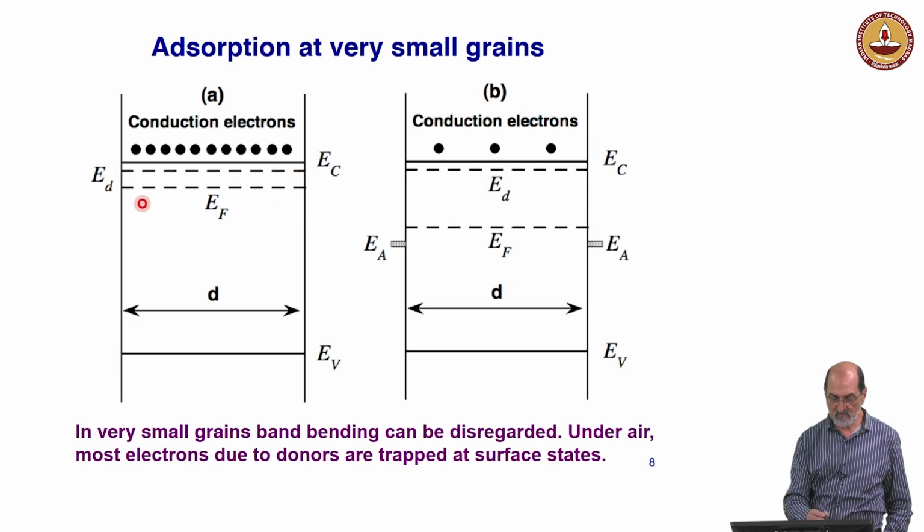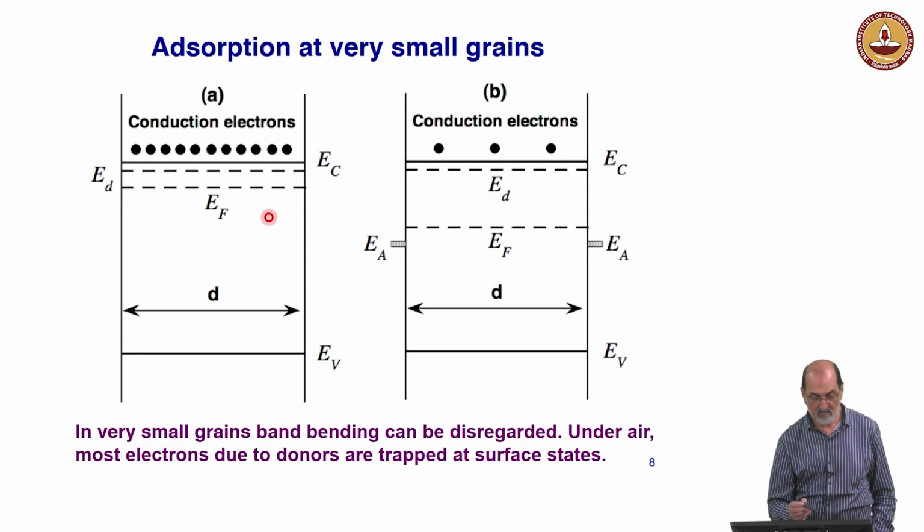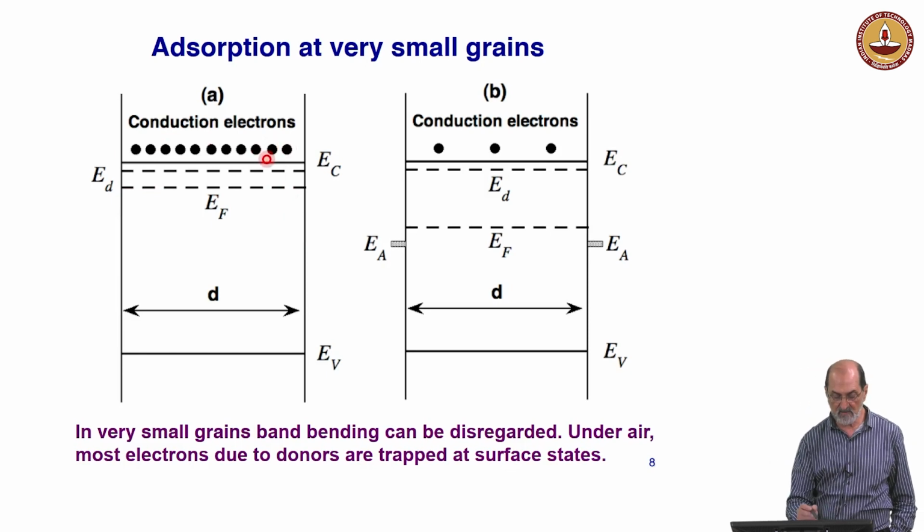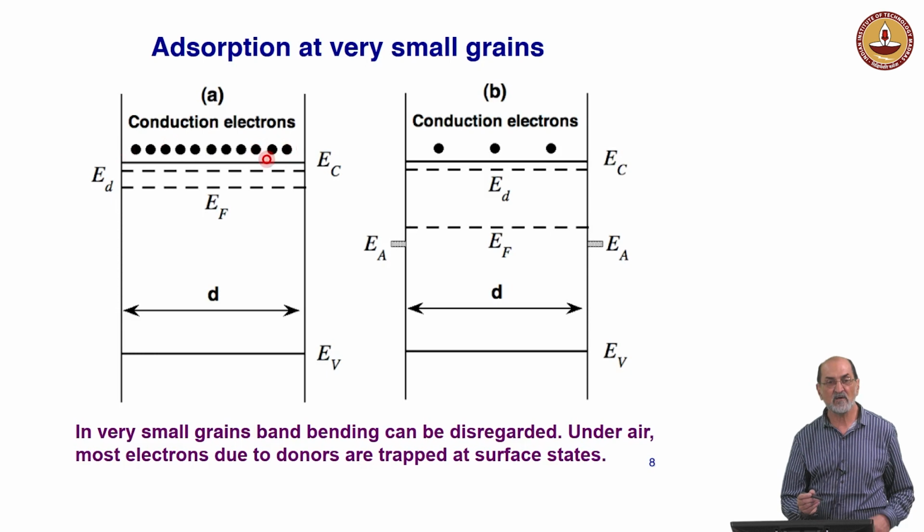Suppose originally we are without states at the surface of the grains; the Fermi level is high. This is going to be an N-type material with a lot of conduction electrons. This is a one-dimensional model. I should maybe have drawn a sphere, but it's the same.